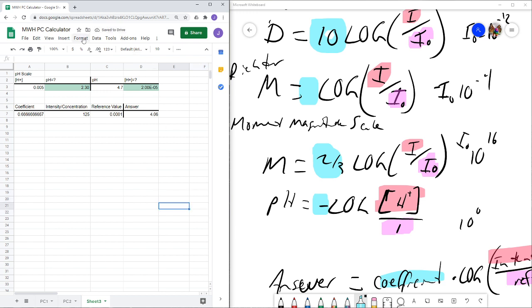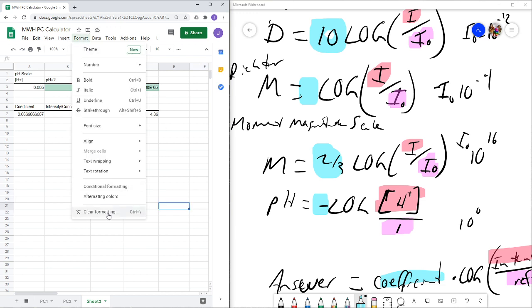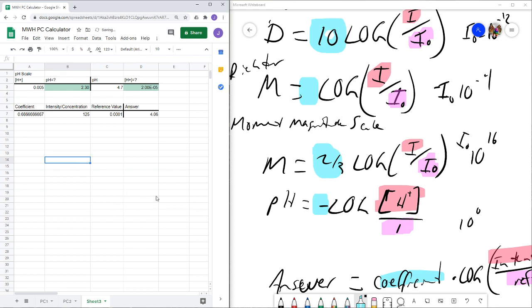That will mess up your formatting. So to get rid of that formatting, you'll have to go to format and clear formatting. Because whenever it sees that 2/3 or number/number, it's going to automatically think it's a date unless you put that equal sign in front. So for reference intensity, it has to be 10 to the 16, so let's delete that. Here's 10 to the 16. And notice we have a problem here. We have a negative value because this intensity is not big enough.